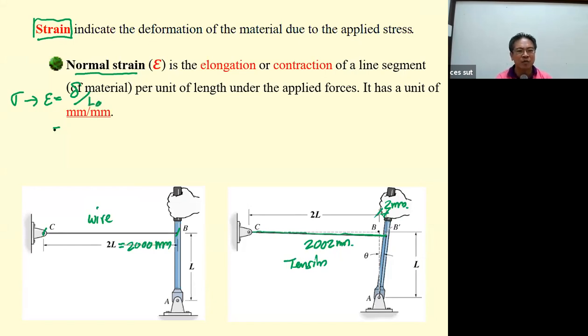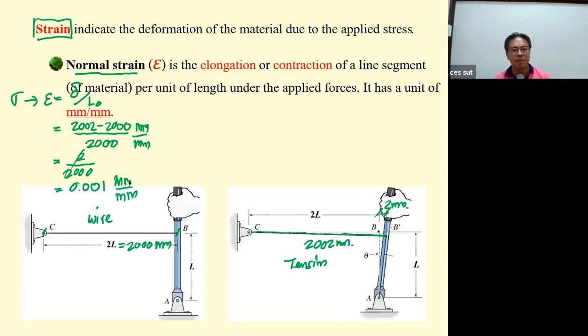By doing this, we have the equation: 2002 minus 2000, and then divided by 2000. That means you get 2 divided by 2000, which is going to be 0.001. And this is length, for example millimeter, divided by millimeter. So the unit of normal strain is going to be length divided by length.